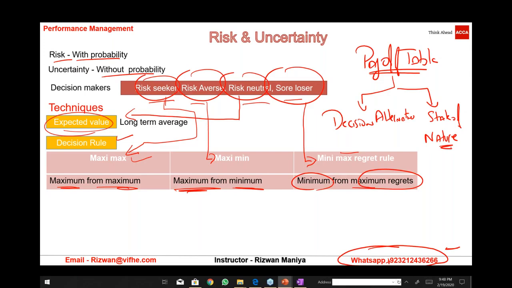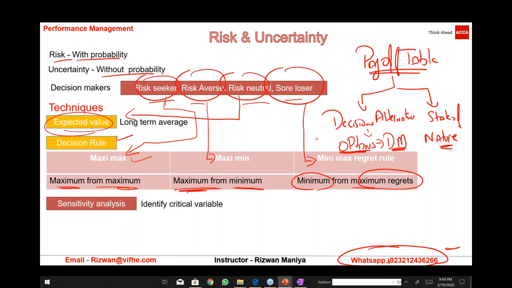So what is a decision alternative? Decision alternative means options. These are the options that are available to the decision maker. So decision alternatives are the options available to the decision maker. And DA, decision alternatives, we call this DA. DA are the options that are available to the decision maker, which means these are in the decision maker's control.